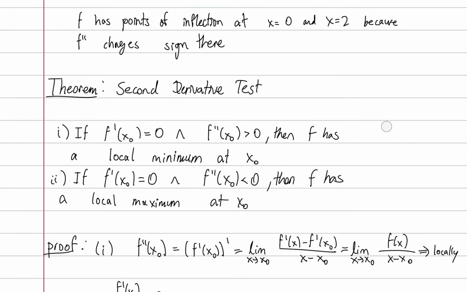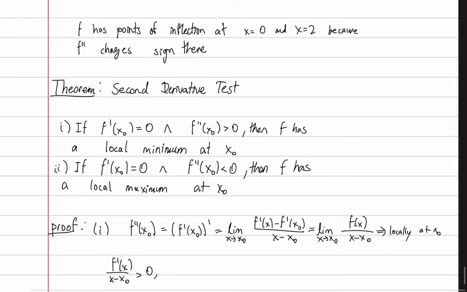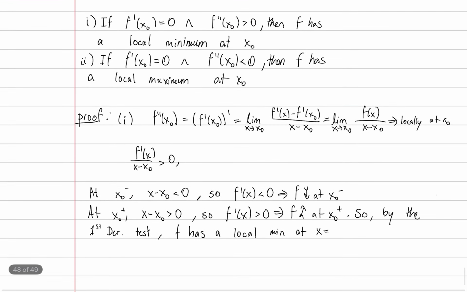So hopefully that's a bit more clear. But if f prime is 0, a candidate for local extremum, and f double prime is negative, then f has a local maximum. And we're going to prove one, and you can do the second one as an exercise. I'm only going to prove the first one.